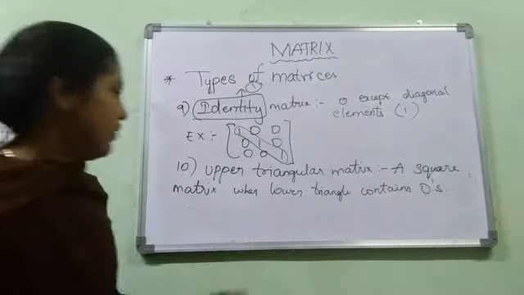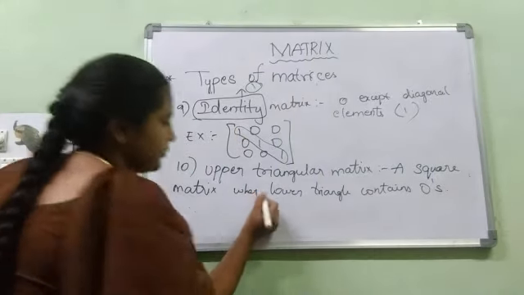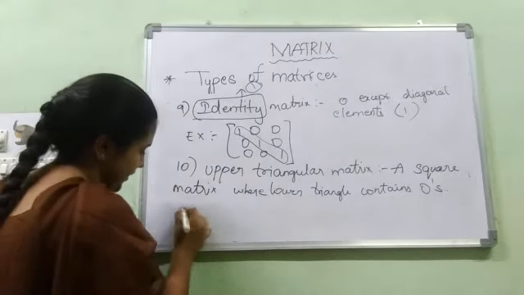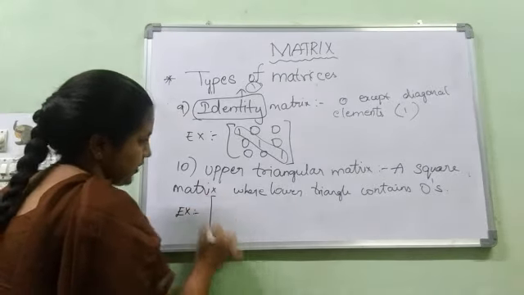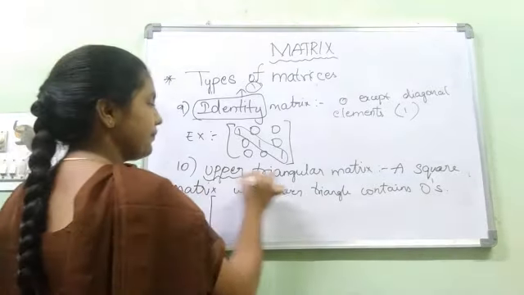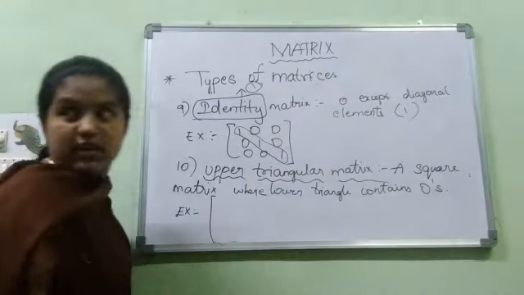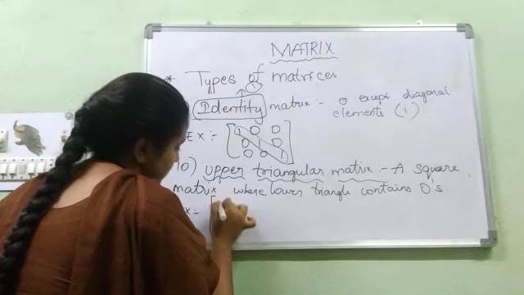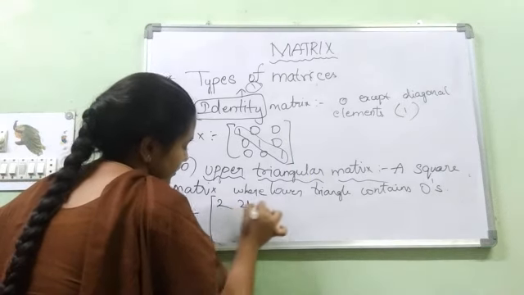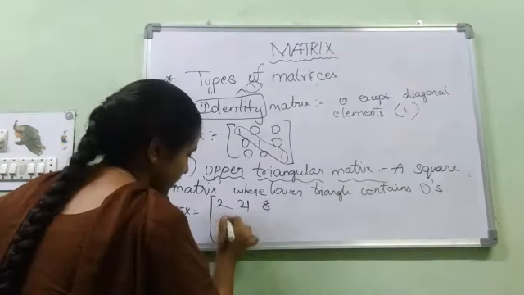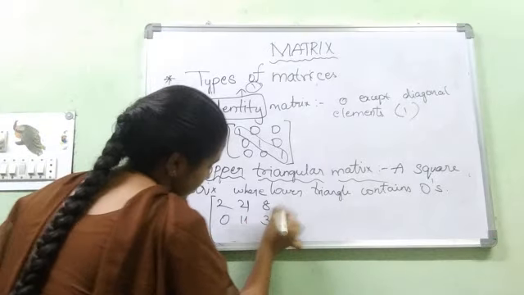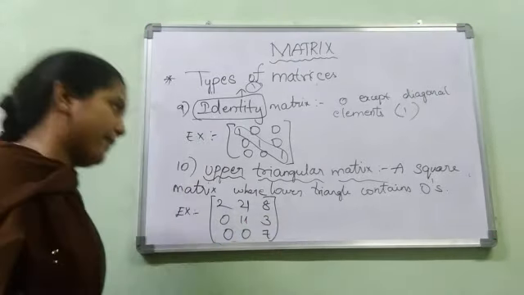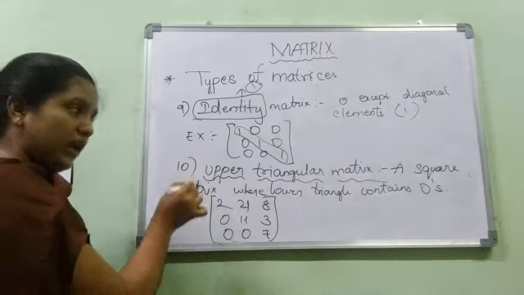Okay. A square matrix where lower triangular contains zeros. Example. First of all, they said that it should be a square matrix, right? I'll take one example. So this is the example. A square matrix with zeros.